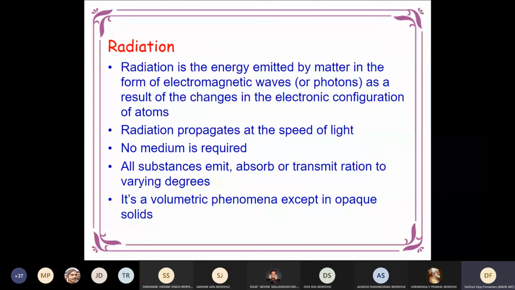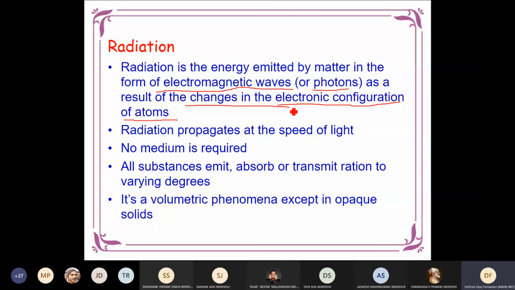Then finally we will take the final mode, that is radiation heat transfer. Radiation is nothing but energy emitted by matter in the form of electromagnetic waves, also called photons. These energy emissions are due to changes in the electronic configuration of atoms.